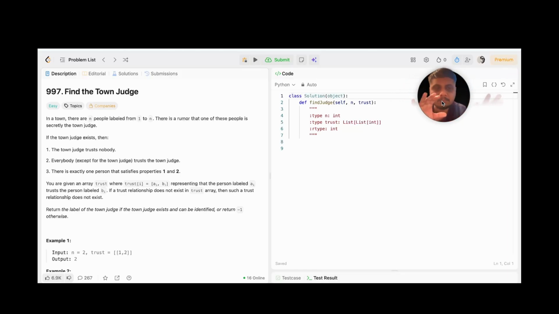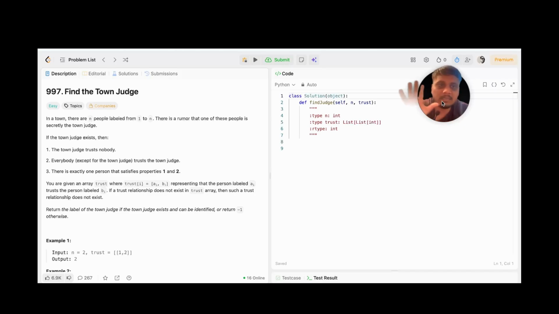For instance, if you have a mayor in a town, or let's say you are from a village, you may have a sarpanch. A sarpanch is for 5 villages, so the leader of 5 villages is responsible for resolving all the conflicts and for the development of those villages.